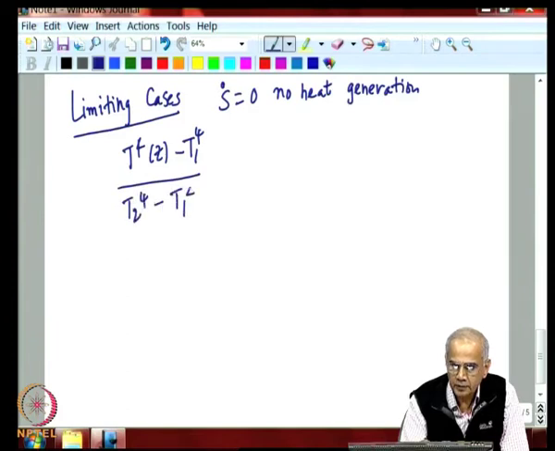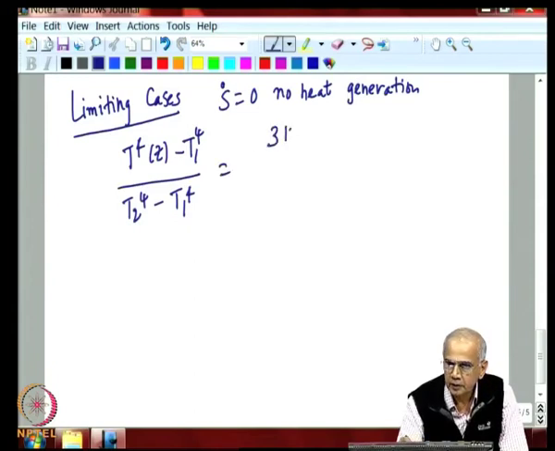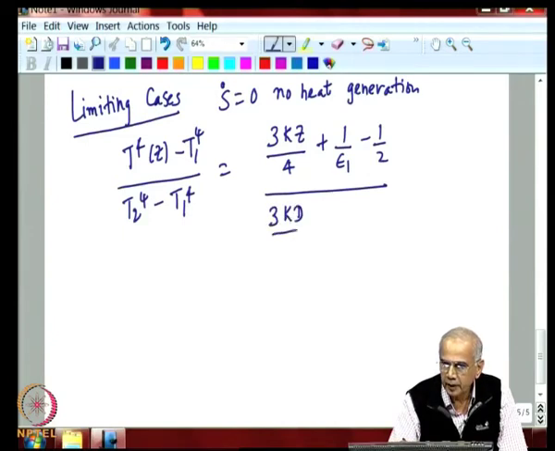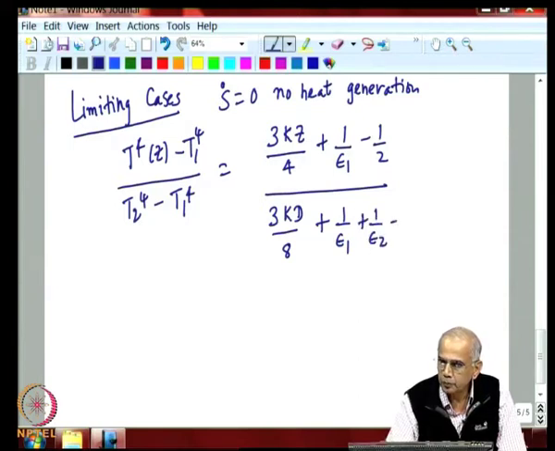So, the standard non-dimensional temperature in such problems comes out as 3 k z by 4, 1 by epsilon 1 minus half, divided by 3 k d by 8, by 1 by epsilon 1 plus 1 by epsilon 2 minus 1.